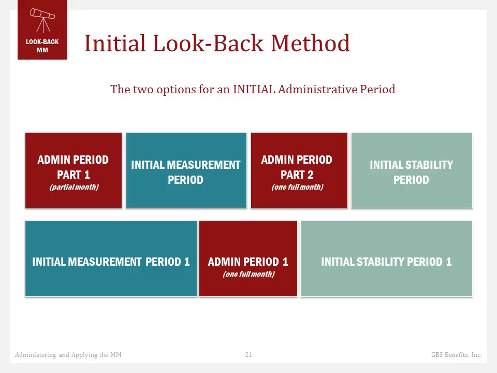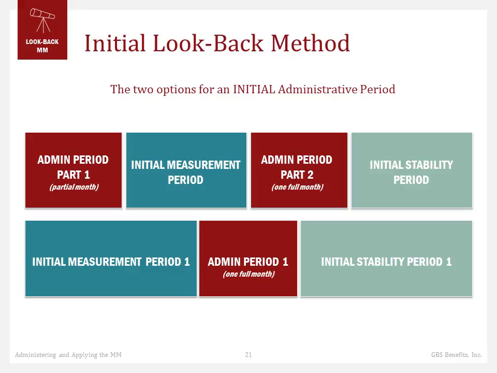You've got administrative period part 1, which is a partial month. For example, if somebody's hired on March 17th, it would be March 17th through the end of the month. Then you have your initial measurement period, which would start in April. And then your administrative period would be 1 full month.